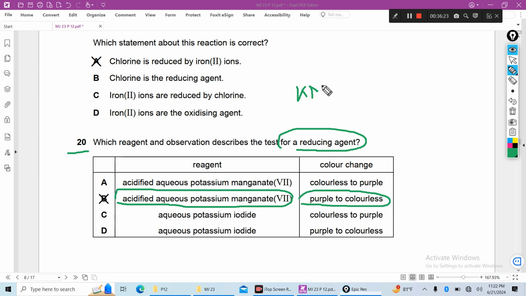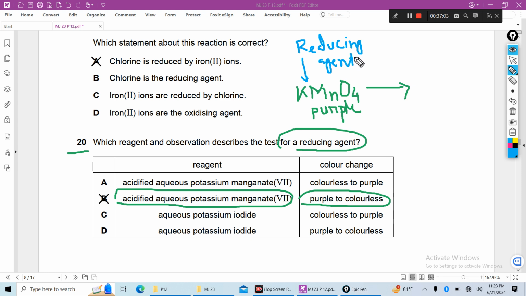That means KMnO4 is purple color. So if you add any reducing agent, it will go to colorless.